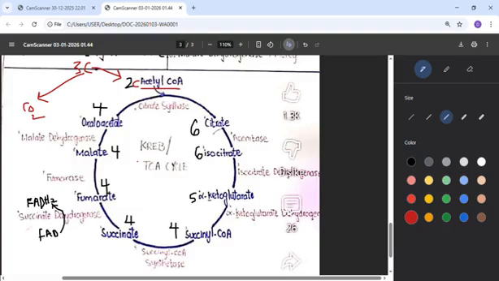So this 2-carbon, you can see the arrow coming down. At the same time, oxaloacetate is also joining it. So the oxaloacetate and the acetyl coenzyme A, by the time both of them come together, they become citrate. What is the meaning of citrate? From the word citric acid, from orange. So they give us citrate.